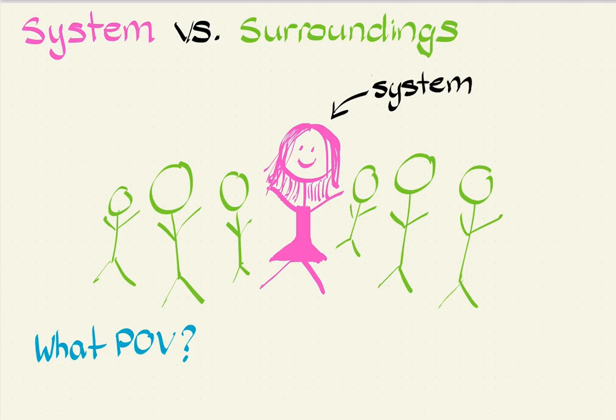And our surroundings are just like all the side characters, the background characters. What they do can affect your life, but you're still the main character, okay? So that's pretty much all you need to know about that. The system is the main thing, the surroundings is everything around it.